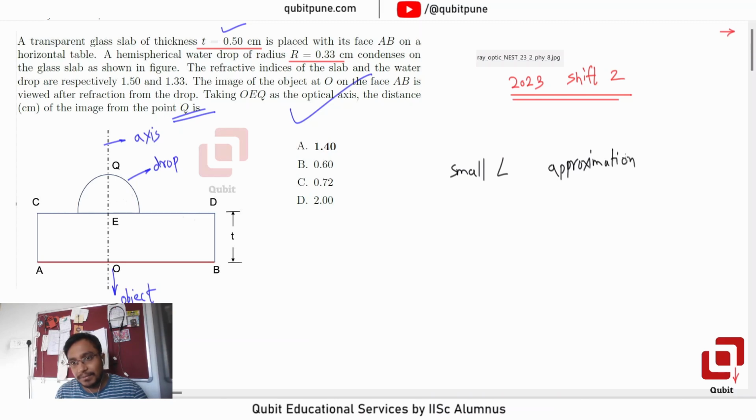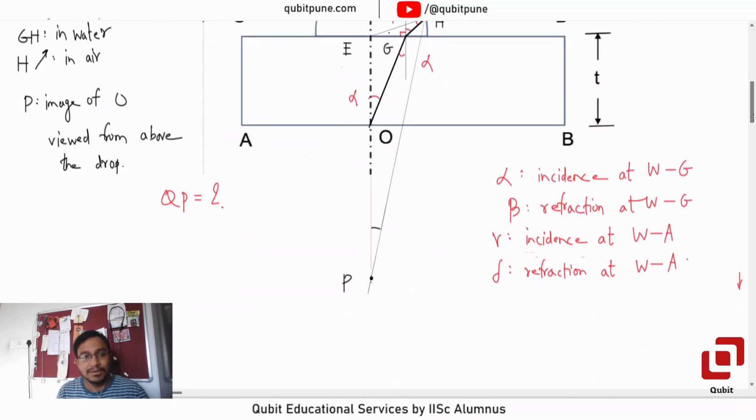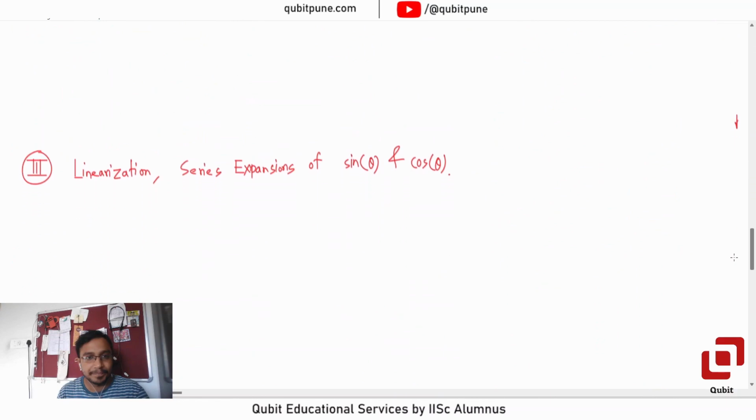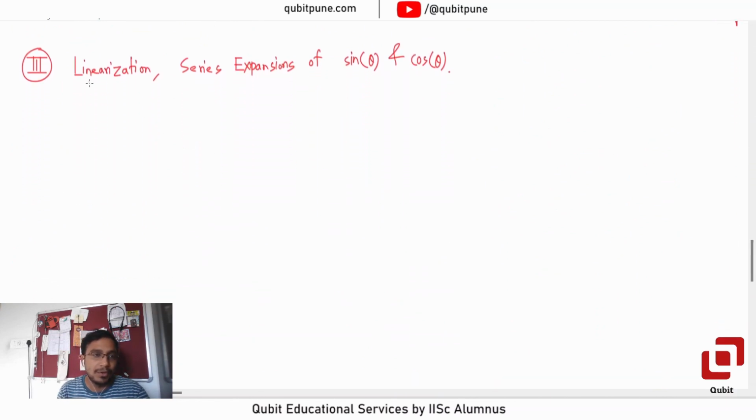What does small angle approximation mean? It means what we call linearization, if we consider only up to the first degree terms. If we consider the second degree, then it becomes quadratic. That variable refractive index problem asked us to consider up to quadratic.